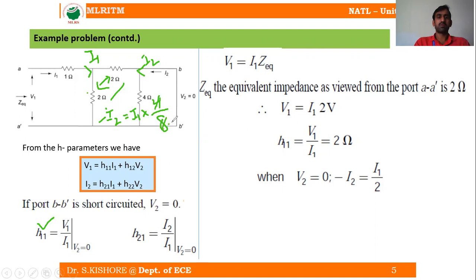So which is equal to 1 by 2 into I1. That is the reason why minus I2 is equal to I1 by 2, or 1 by 2 I1.